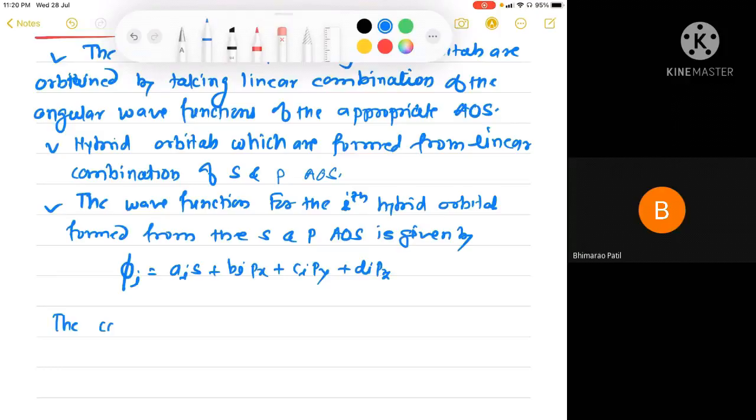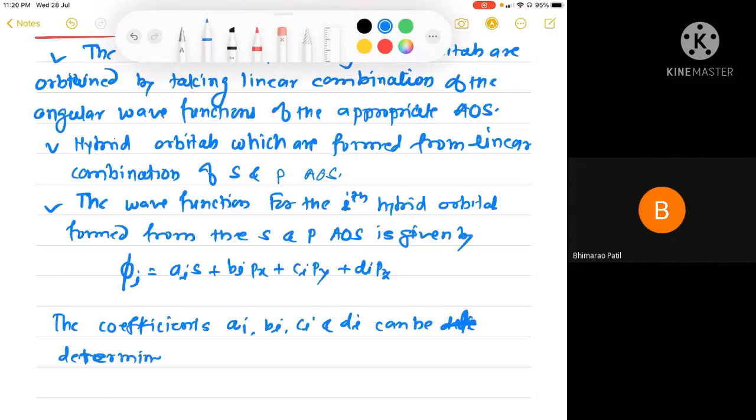The coefficients ai, bi, ci, and di can be determined from the following rules.